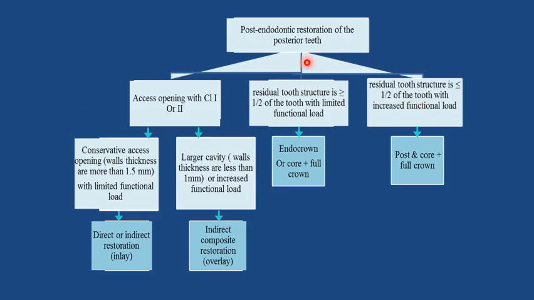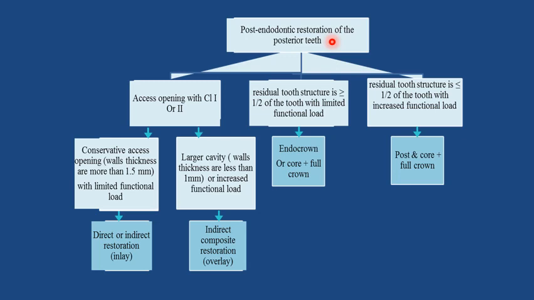We have a case of a posterior tooth with root canal treatment that needs coronal restoration. We have to keep in mind the amount and the quality of the tooth structure and the functional load.